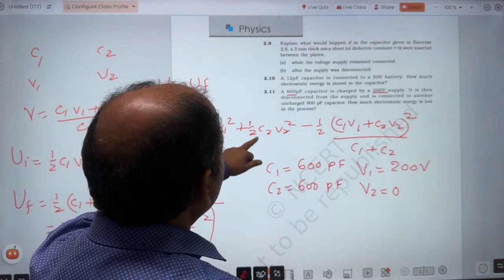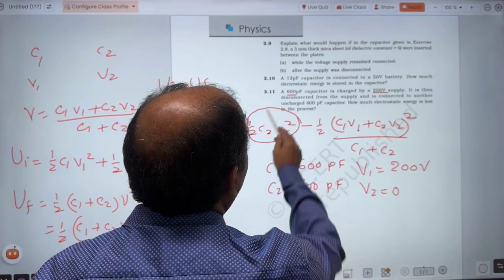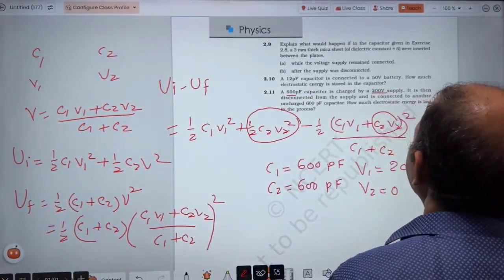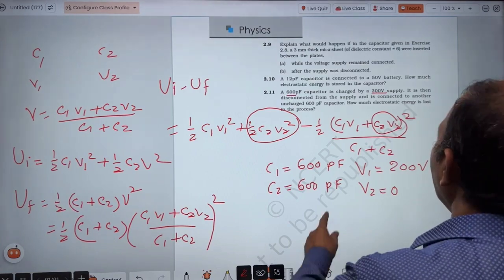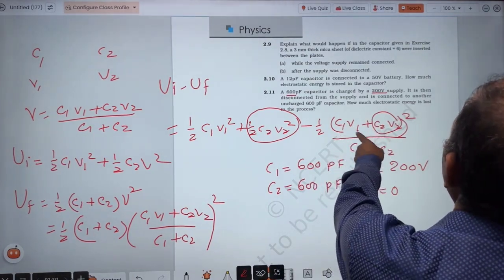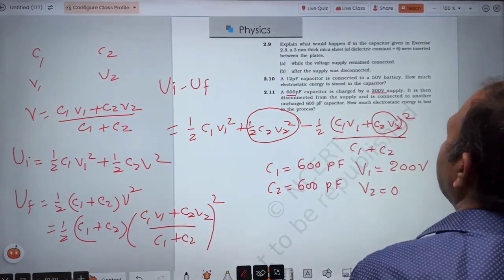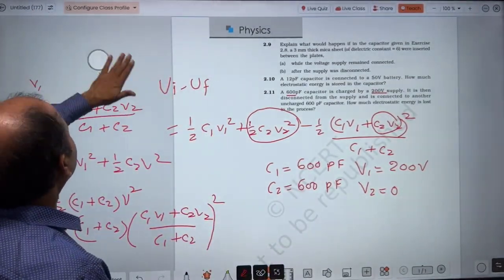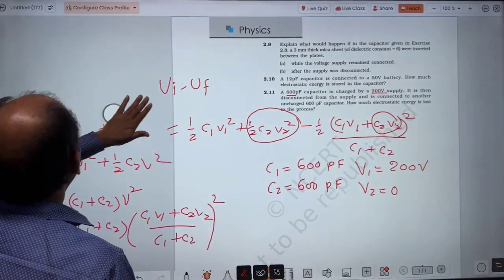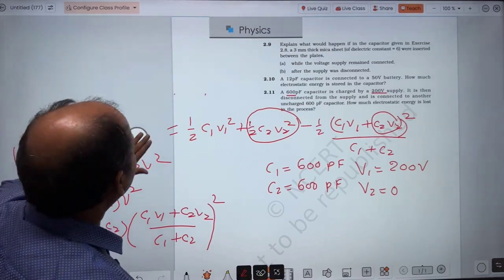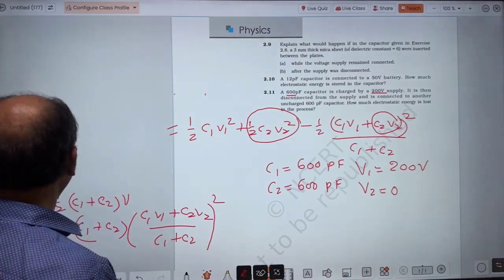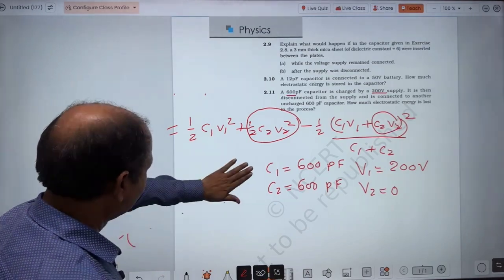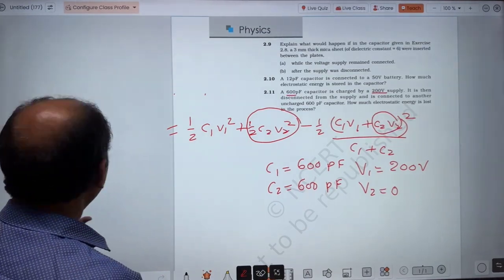We can do this directly, or if we want to go step by step, that is also possible. So I am going to tell you the second method also, because I have explained that you can just put in values to get the answer. If we follow the second method, first you find the initial energy Ui, so half C1 V1 square, because V2 is 0.